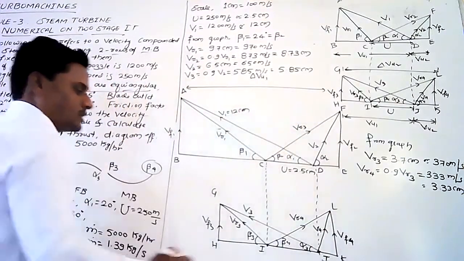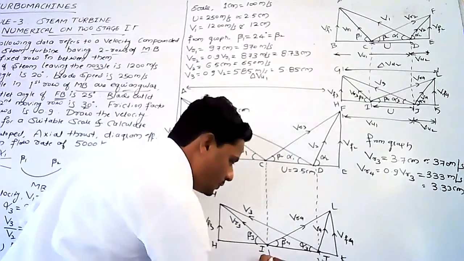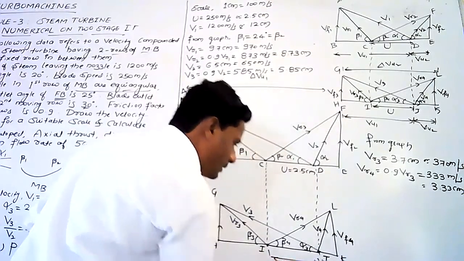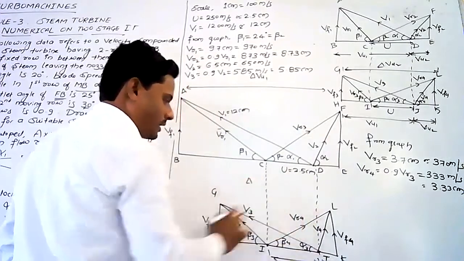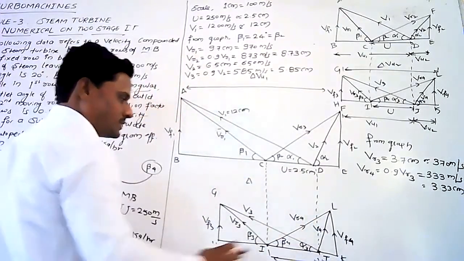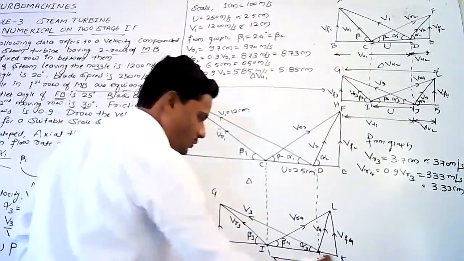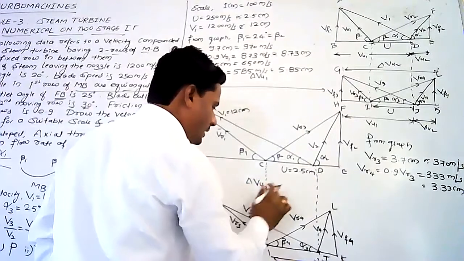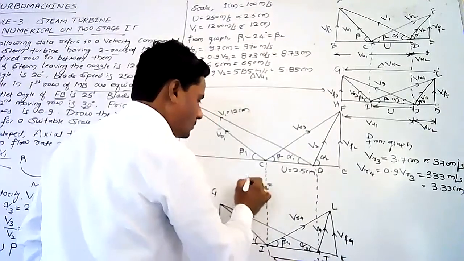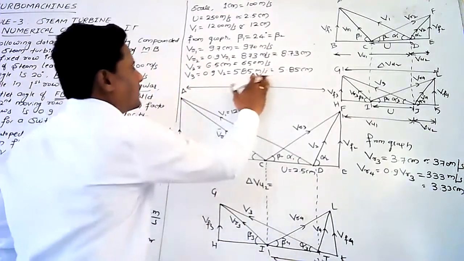Join JK. So this is of course U here, and the distance between the two parallel lines VF1 and VF2, or H to K, is delta VU2, and this is delta VU1.